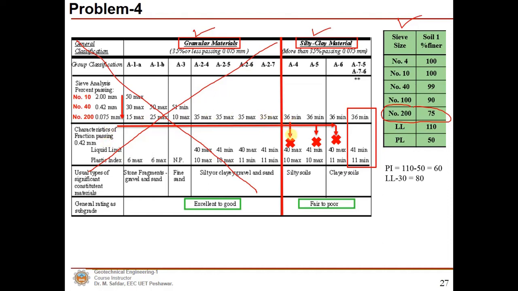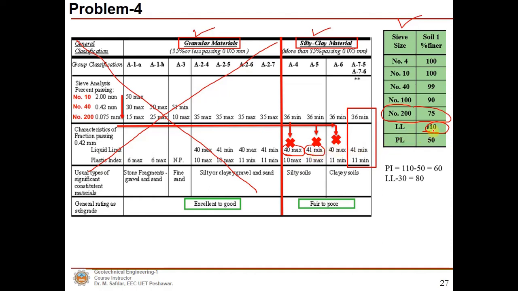Now we can clearly see that 36 is the minimum, and we are getting 75, so it's okay. How about the liquid limit? For the liquid limit, we need to compare: the liquid limit is 110, but for the A-4 material it's 40 maximum. Is the answer yes or no? The answer is no, so we can cross that. How about 41 minimum?